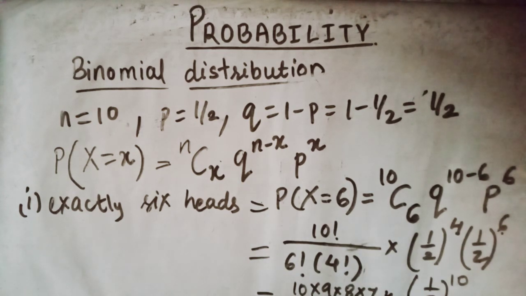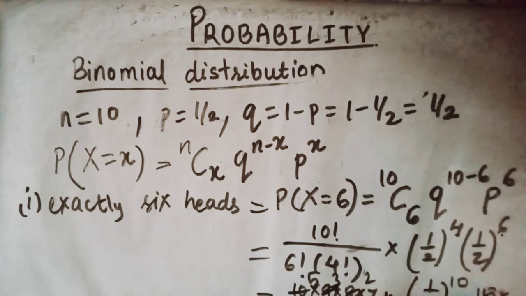Reducing this, it will be 5 into 3, 15, into 2 into 7, upon 2 raised to 10. One 2 cancels, so 2 raised to 9 remains. So it comes up to 105 upon 512.